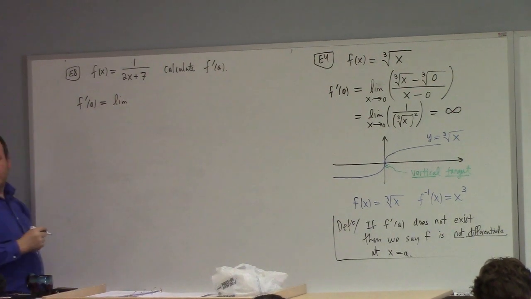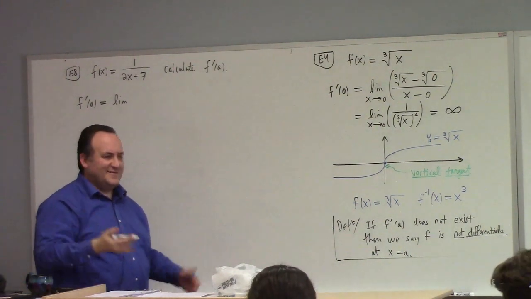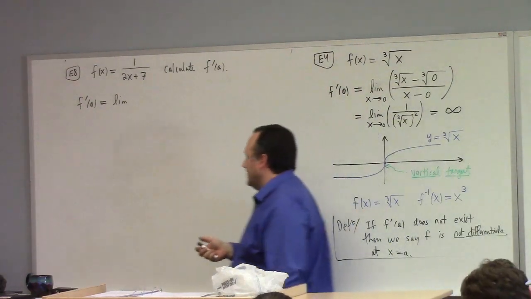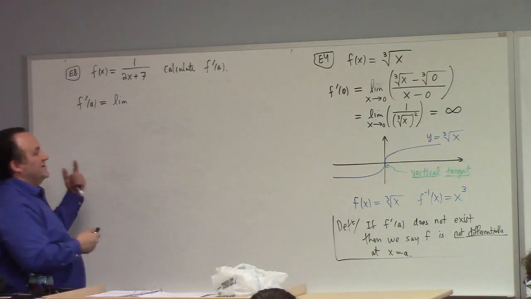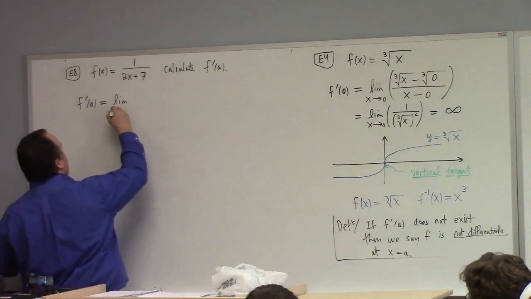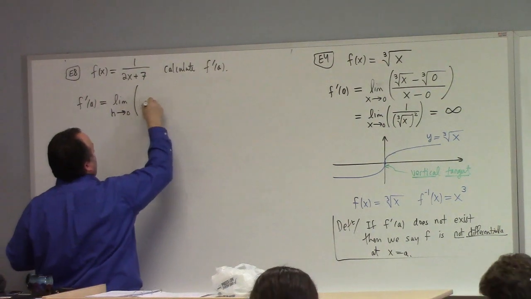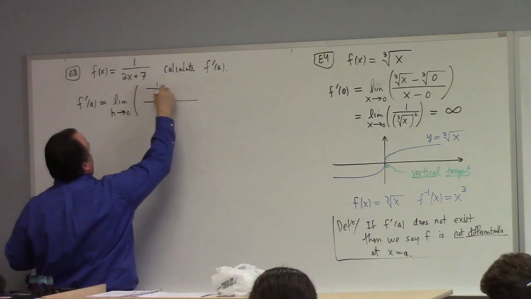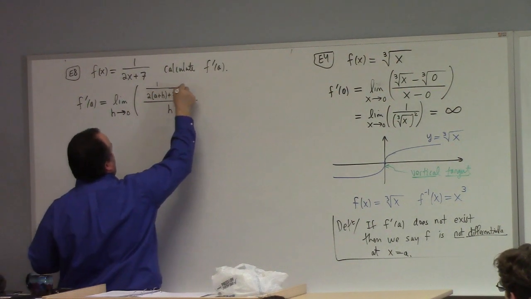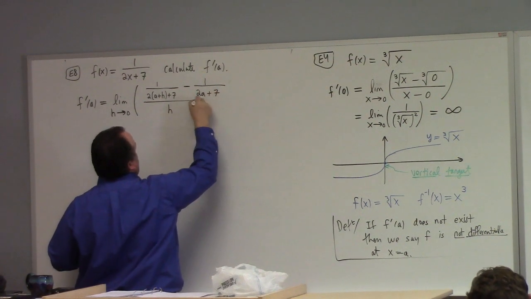I'll let you pick, x or h? H. All right, fine. H it is. The limit as h goes to 0 of, we've got h down here, and we've got 1 over 2 times (a plus h) plus 7, minus 1 over 2a plus 7.